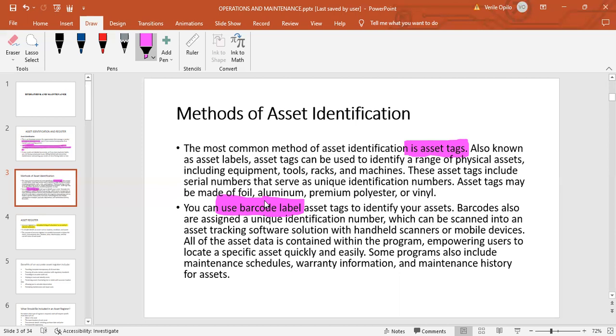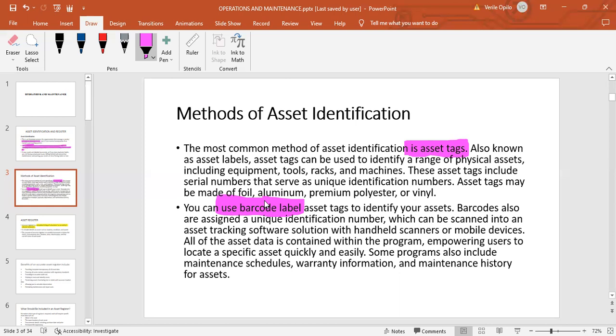So the same way supermarkets usually utilize these barcodes, the company can also decide that, again, this one is for large companies that have the finances to invest in a barcode system and also asset tracking software, then they can utilize barcodes, imprinting barcodes to each and every asset that is owned by their organization.